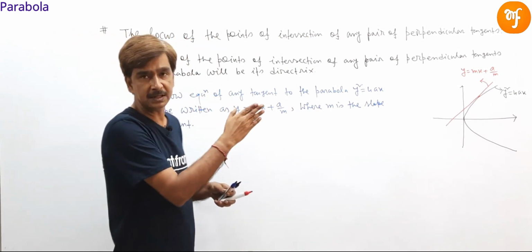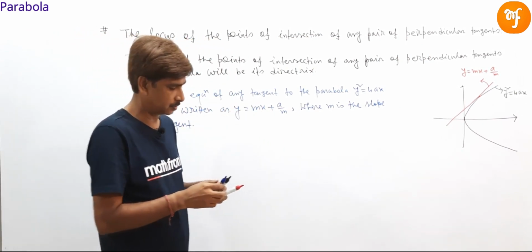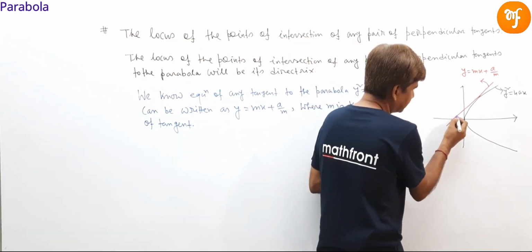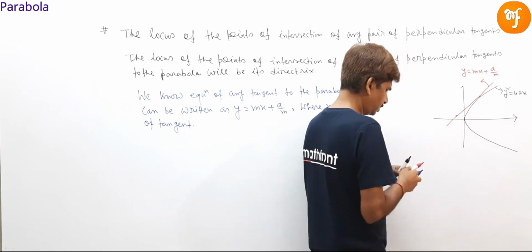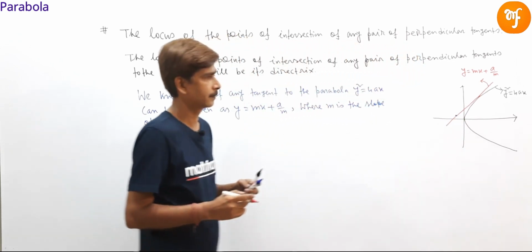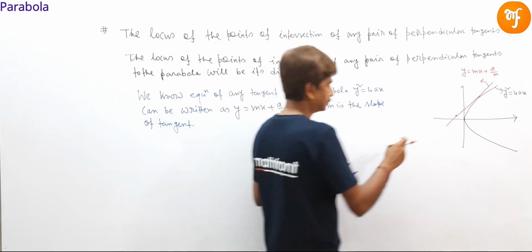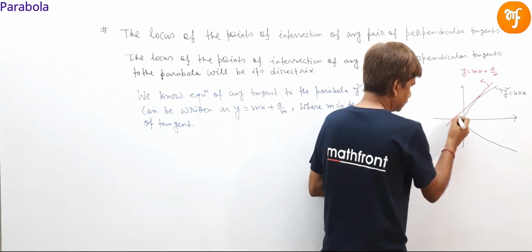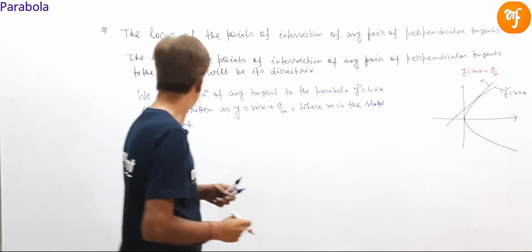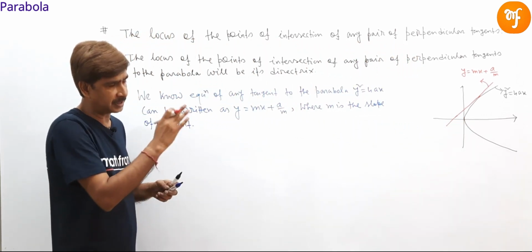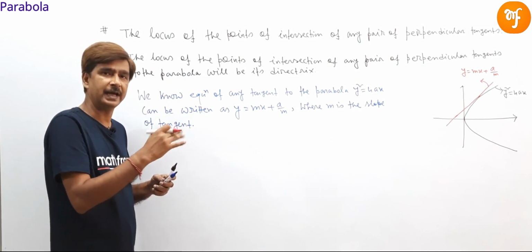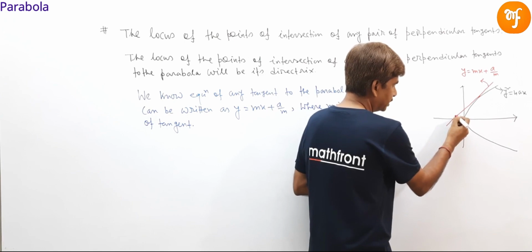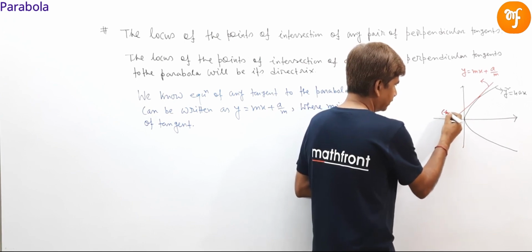Now, if this tangent is passing through a point h comma k, so just draw here the point h comma k.